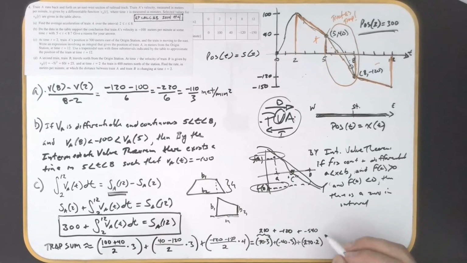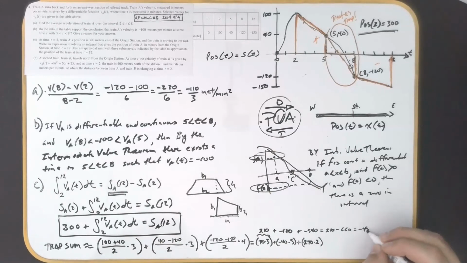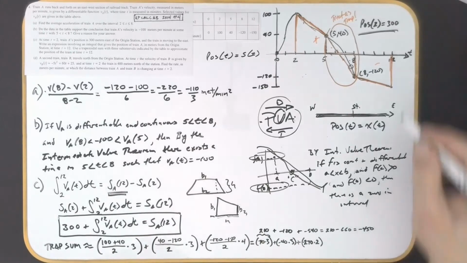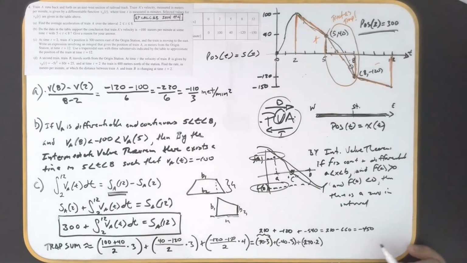So if we just combine the negatives here, looks like we get 210 minus this becomes 660, I believe. Right? So 660 minus 10 is 650, so we get negative 450. Okay? So the trapezoidal sum for all of this part was negative 450.